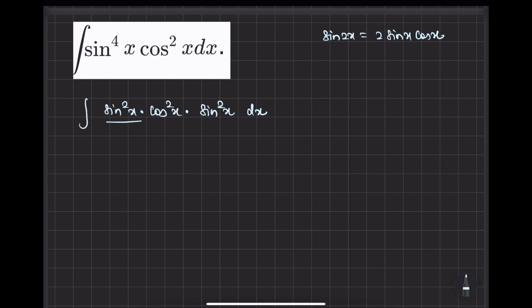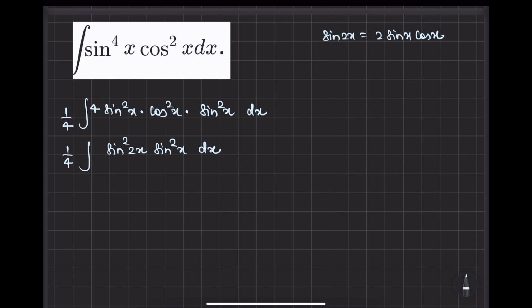You know that sine and cos are together and they are twice. So we need 4. So what will we do? We will multiply and divide by 4. So we will be left with sine square 2x sine square x dx.